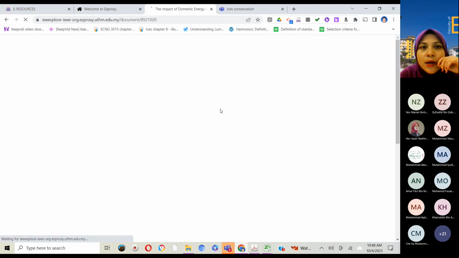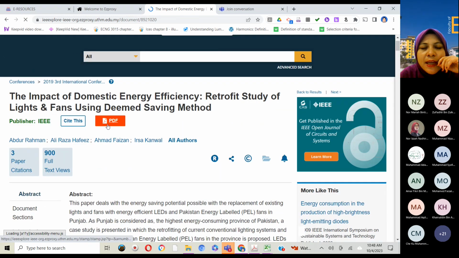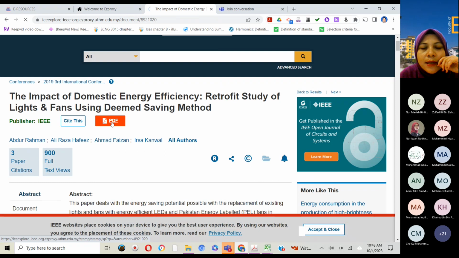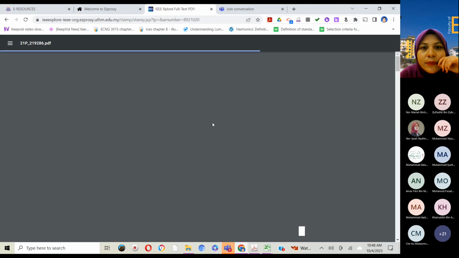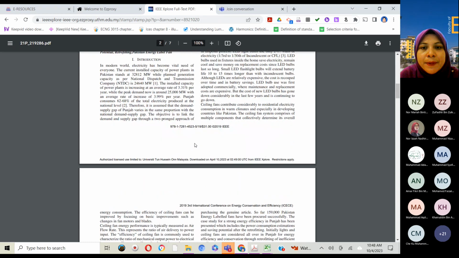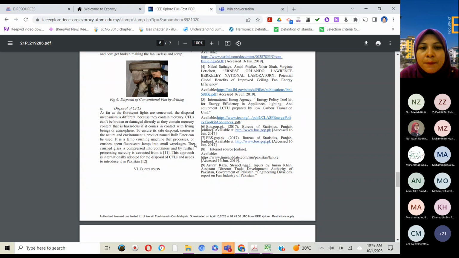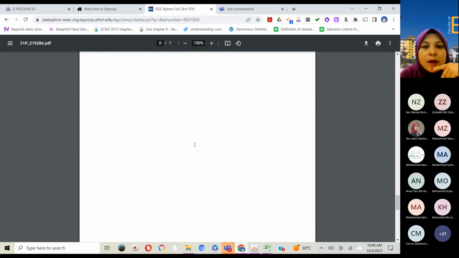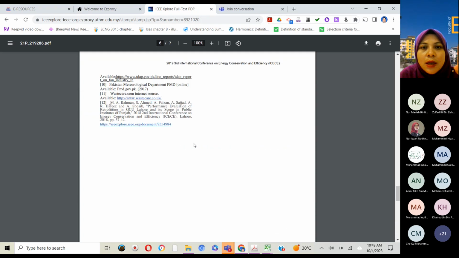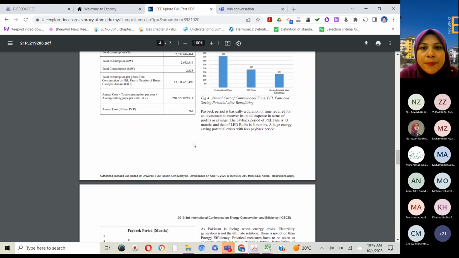And then dah buka, you dapat tak tulis PDF ni? PDF ni kan. So jadi, you dapatlah dia punya full paper. Okay. Kalau kat luar, you tak gunakan PTTA, you tak dapat full paper. You tak boleh access for this full paper. So PTTA, utilization bayar this IEEE so that you can get all the full papers dalam ni.